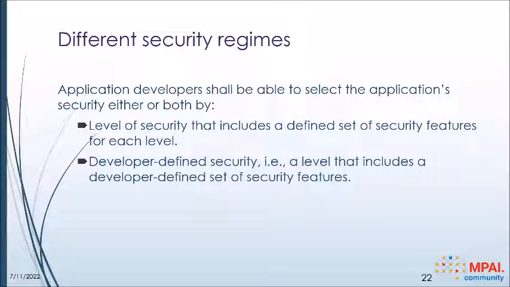We also need to save resources, so we wanted to give the maximum flexibility on security, not only simplify the use of security. So we introduced this concept of security regimes in which the developer can pick and choose.